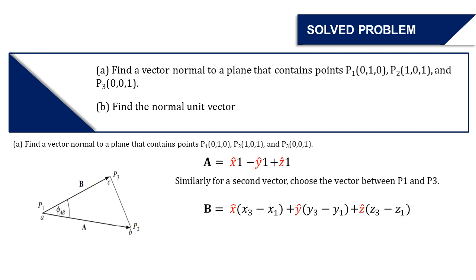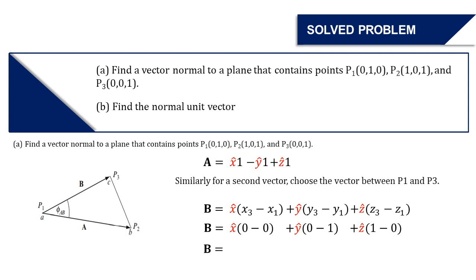So substitute natin mga values. We now have B is equal to x hat, 0 minus 0. Sa y naman, we have y hat times 0 minus 1. Then sa z hat, we have 1 minus 0.